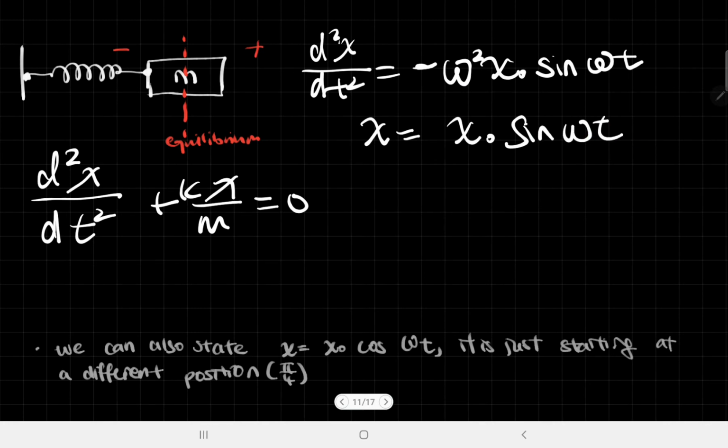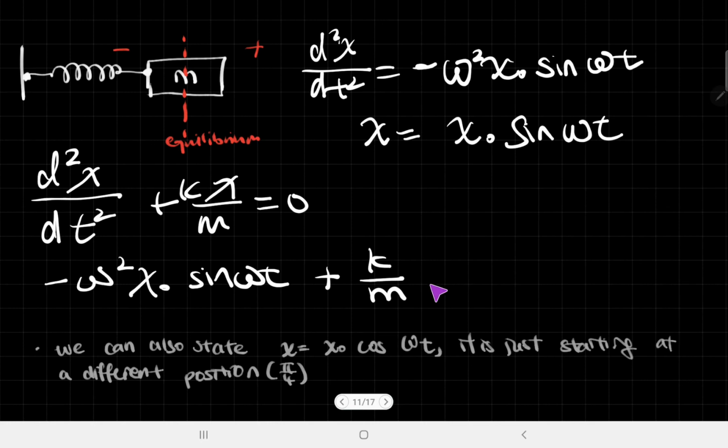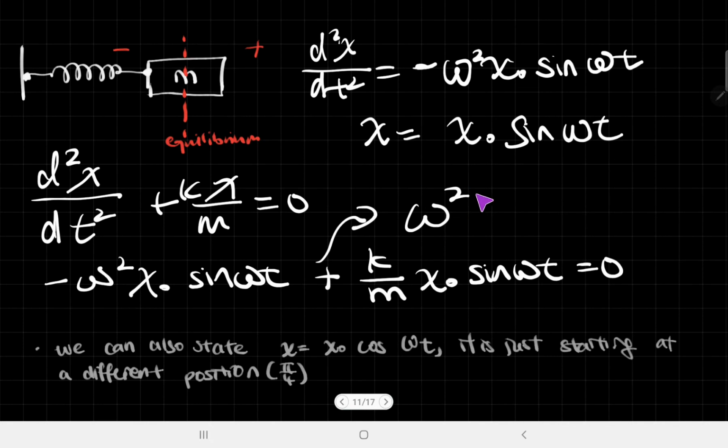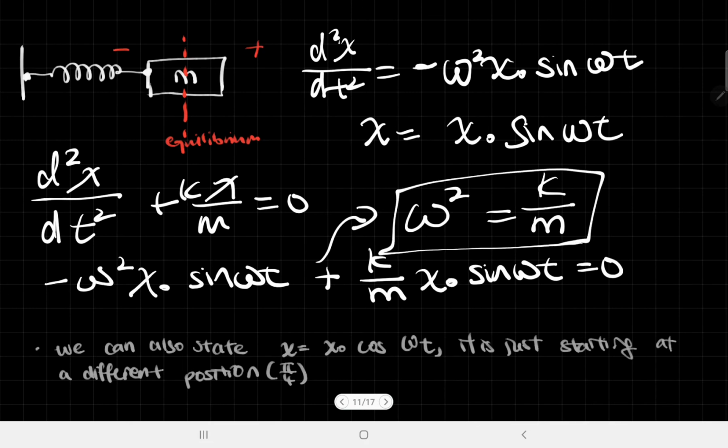So if we put these inside, we're going to get negative omega squared x0 sine omega t, and then you're going to get plus k divided by m times x0 sine omega t, which is going to equal 0. So if you rearrange it, you're finally going to be left with the equation that omega squared equals k divided by m, which is actually true, as you will see in the later videos.